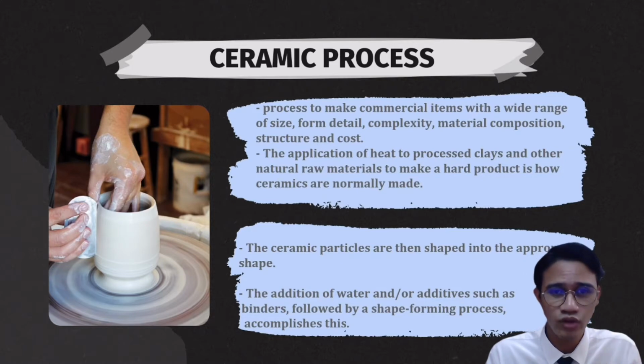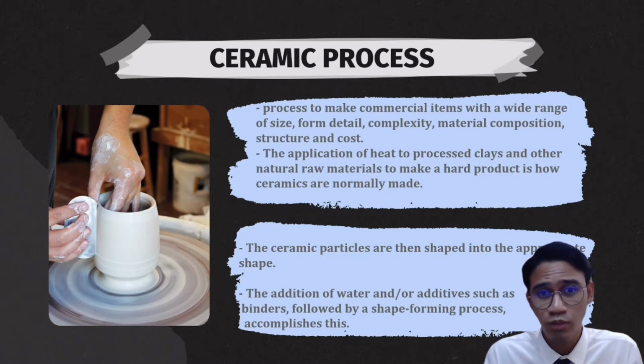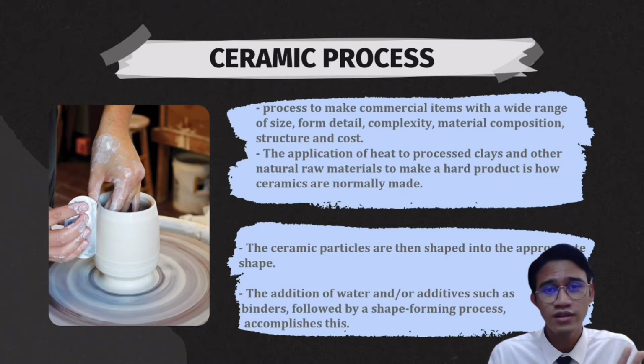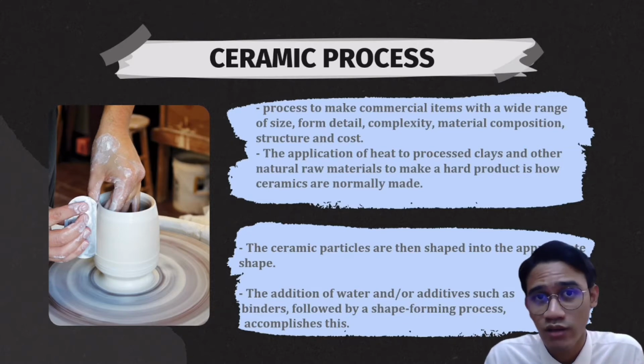These attributes play a big role in the final properties of finished ceramics. Chemically prepared powders are also used as starting materials for some ceramic products. These synthetic materials can be controlled to produce powders with precise chemical compositions and particle size.